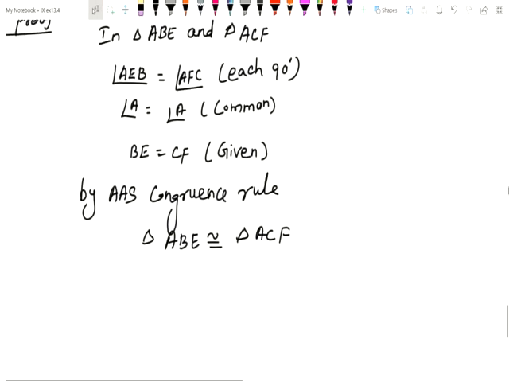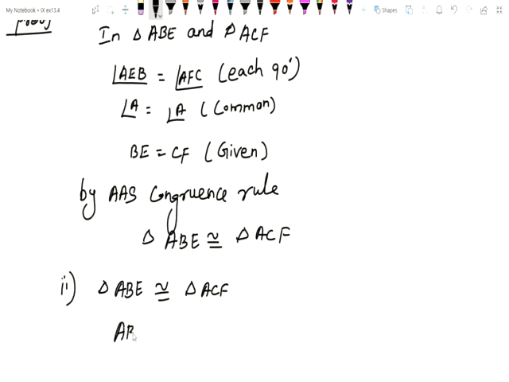The second one, we already proved triangle ABE congruent to triangle ACF. So I am going to use CPCT: AB equal to AC by CPCT.